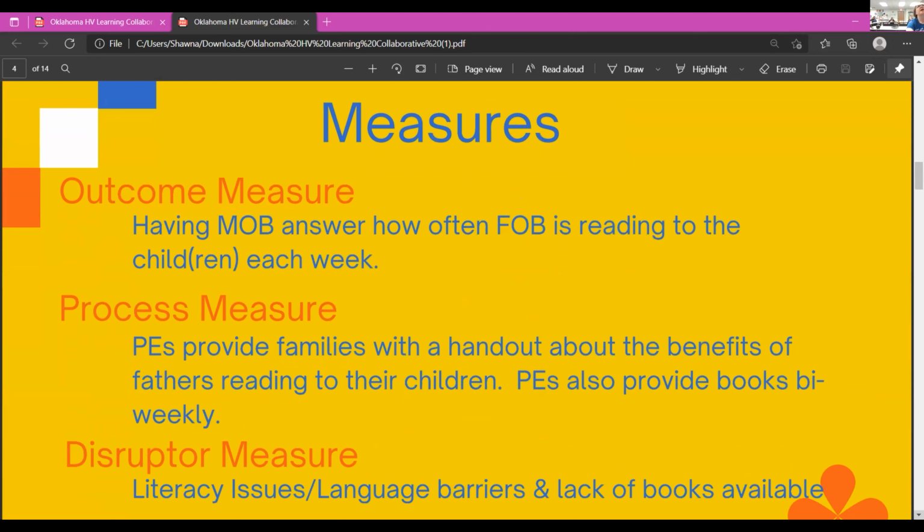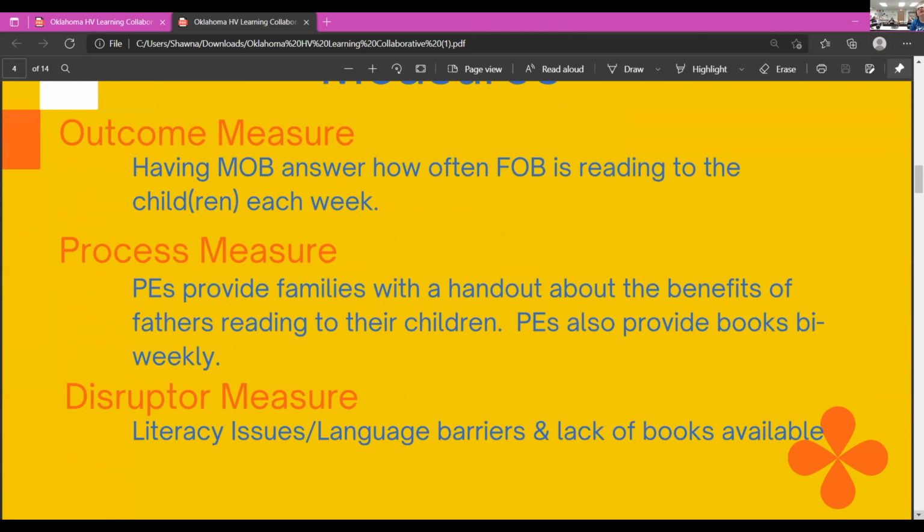Our outcome measure is having mom answer how often dad is reading to the children each week. Our process measure was the parent educators providing families with a handout about the benefits of fathers reading to their children, and providing books bi-weekly to build a home library. Our disruptor measure looked at literacy issues, language barriers, and lack of books available in the home.